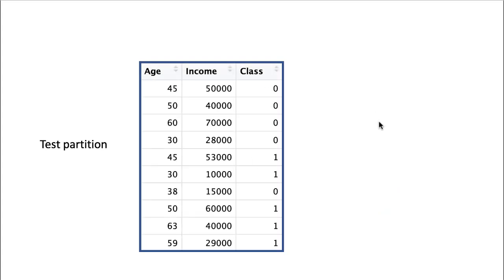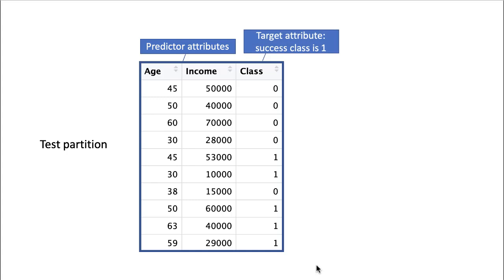Here let's consider a test partition, and here is the actual class. Instead of saying buyer, non-buyer, and so on, I'm just saying 0, 1. These are the predictor attributes, income and age in this particular case. This is the actual class, the target attribute.